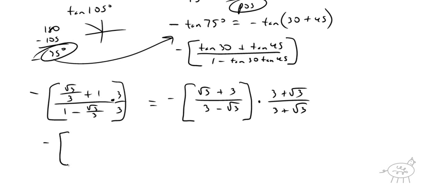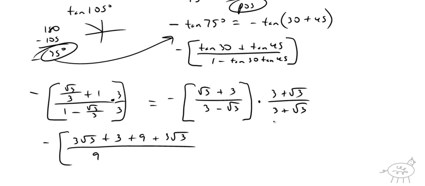So keeping the negative on the outside again, I'm going to get 3 root 3. So first, outer plus 3, inner plus 9, and last plus 3 root 3. On the bottom, we get 9, inside outside cancel, minus 3. So we get negative, and this is going to be 6 root 3 plus 12 over 6.